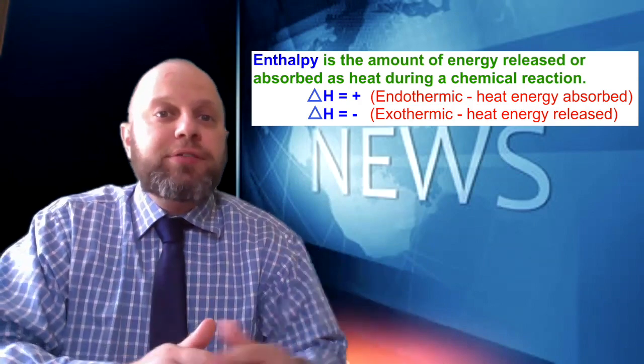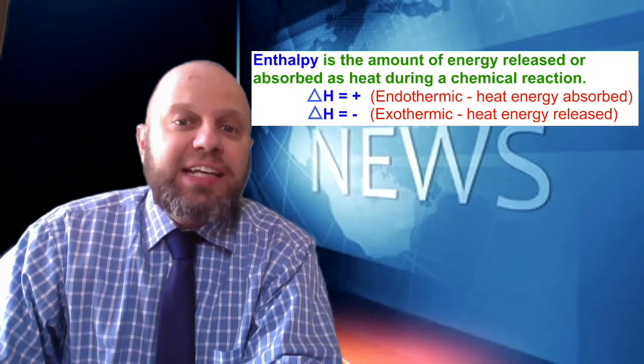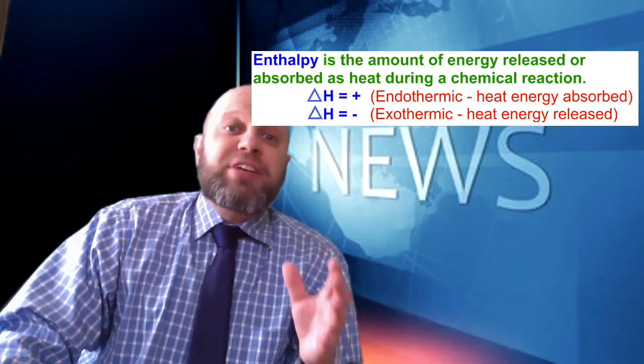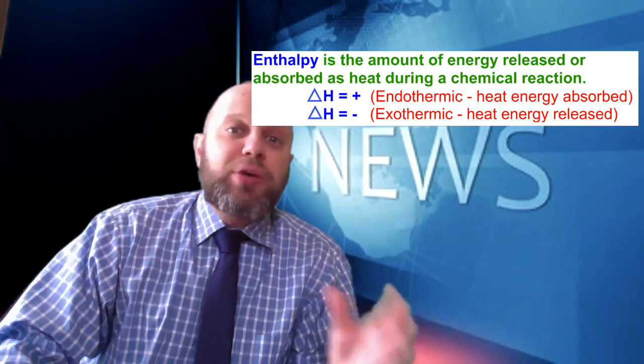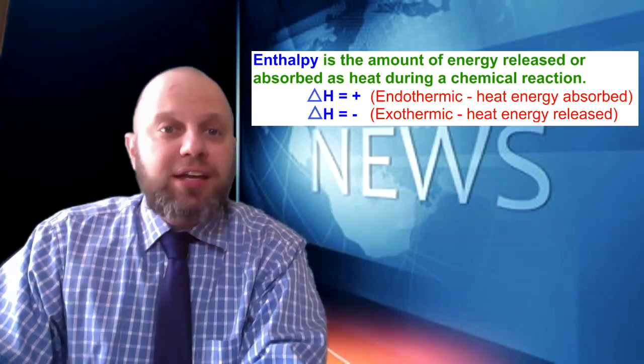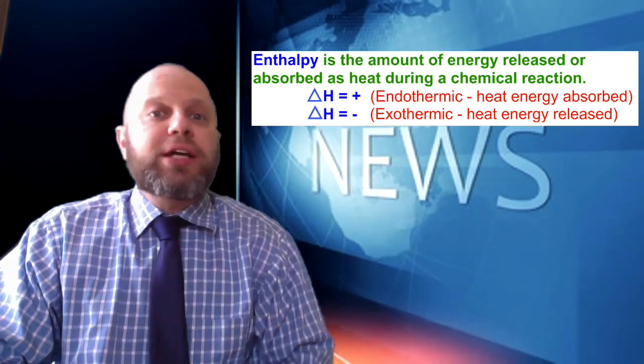Now, we'll see this later when we look at some reactions, but heat being absorbed means heat gets written on the left side of the equation. Now, if we have an exothermic reaction, a reaction where energy is being released, notice that delta H carries a negative sign, and that energy would be written as a product on the right side of the equation.